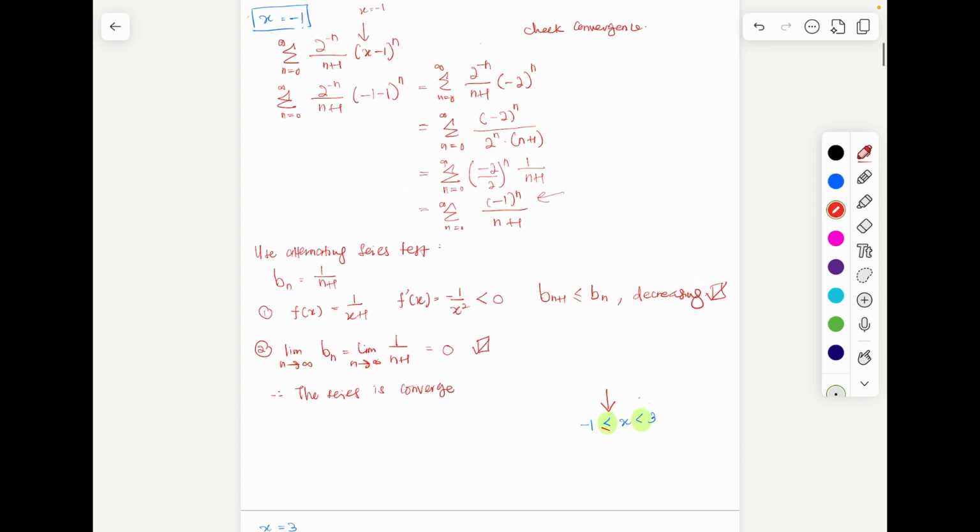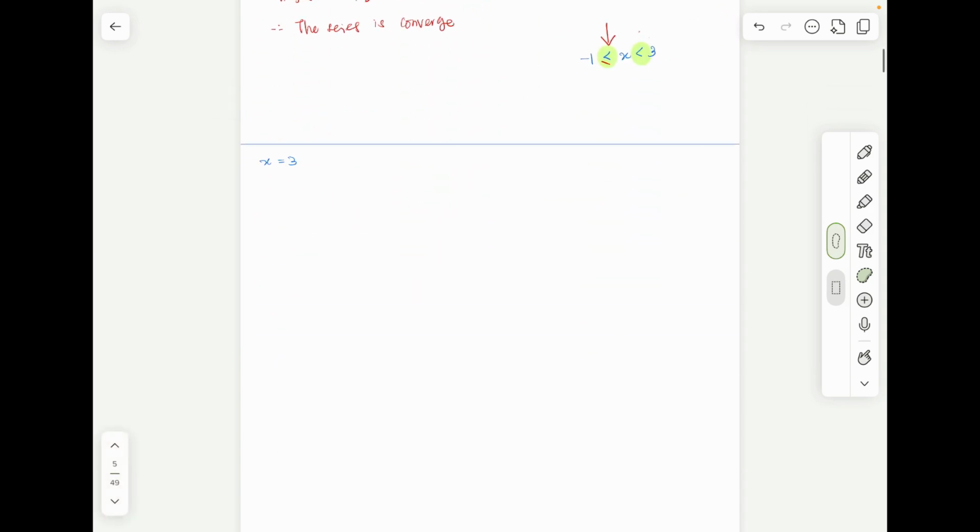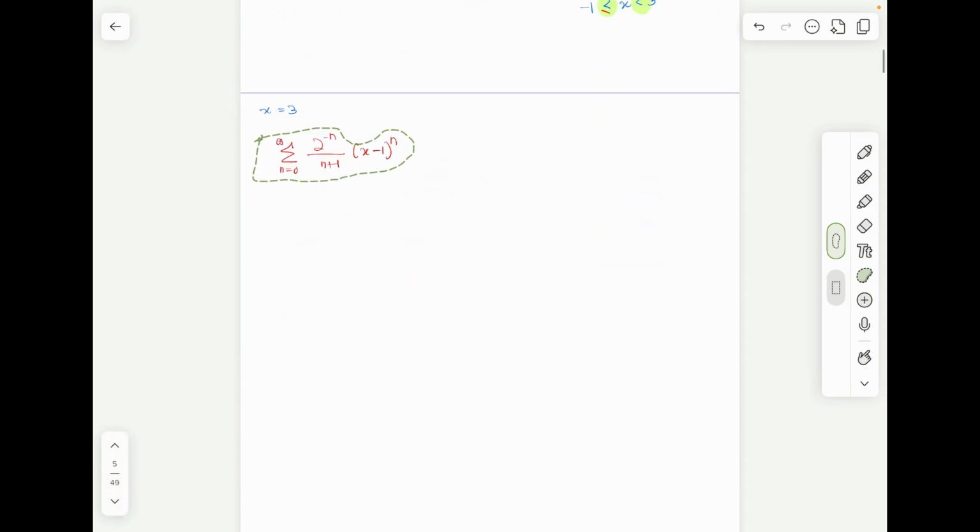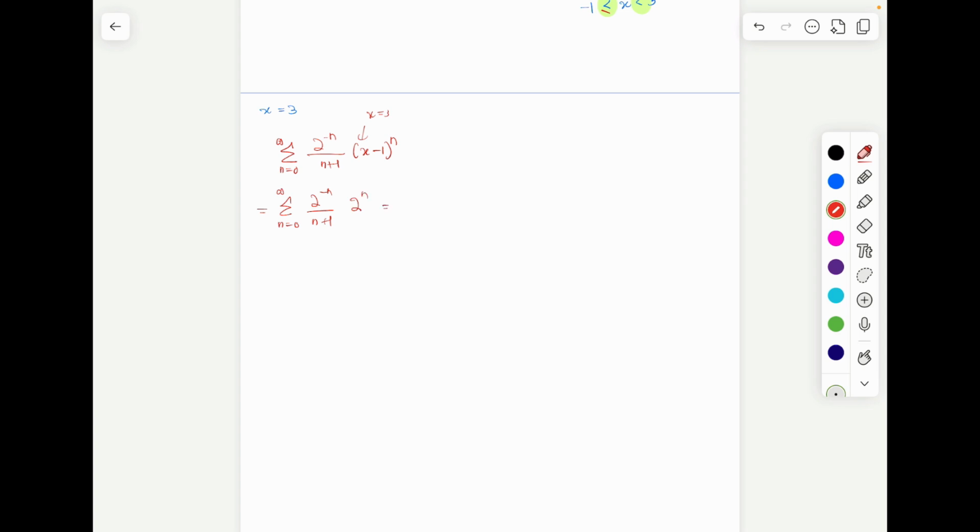Okay, and then we substitute 3 inside the original power series. So we plug in x equals 3 here. Then what you will obtain is 2 to the power of negative n over n plus 1. So 3 minus 1 is 2, you get 2 to the power of n. So again, we can simplify first.